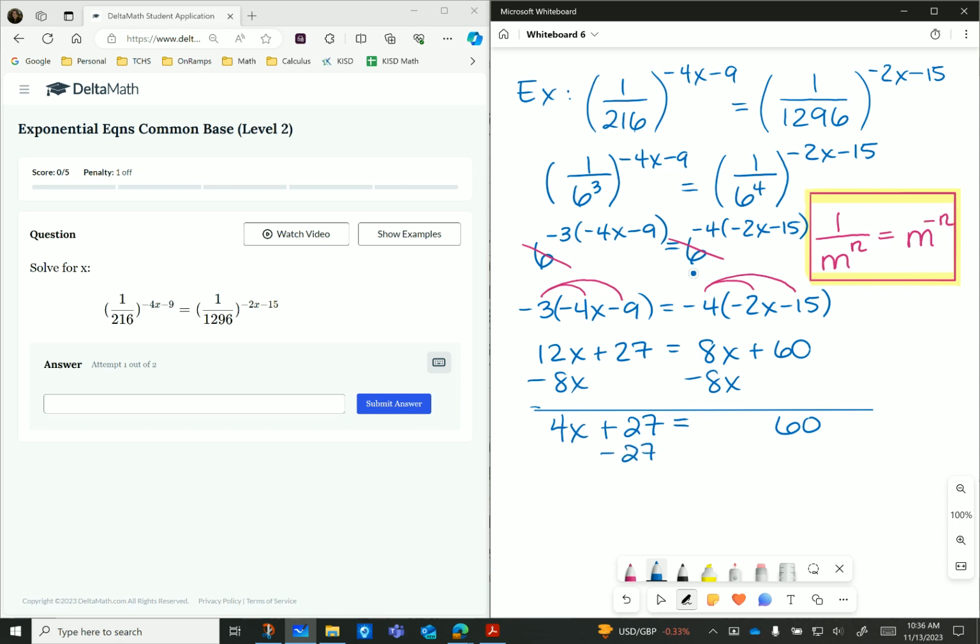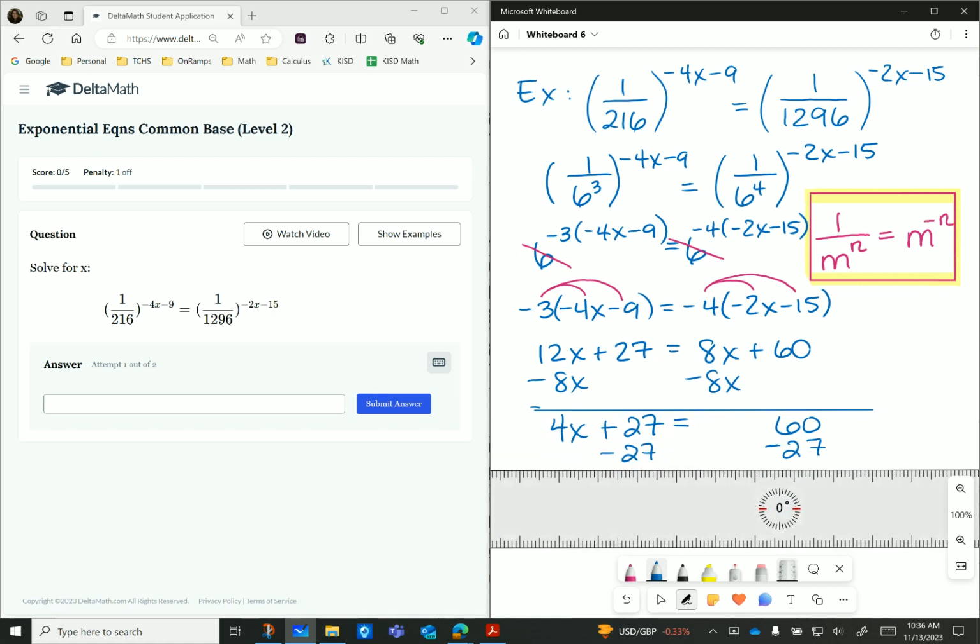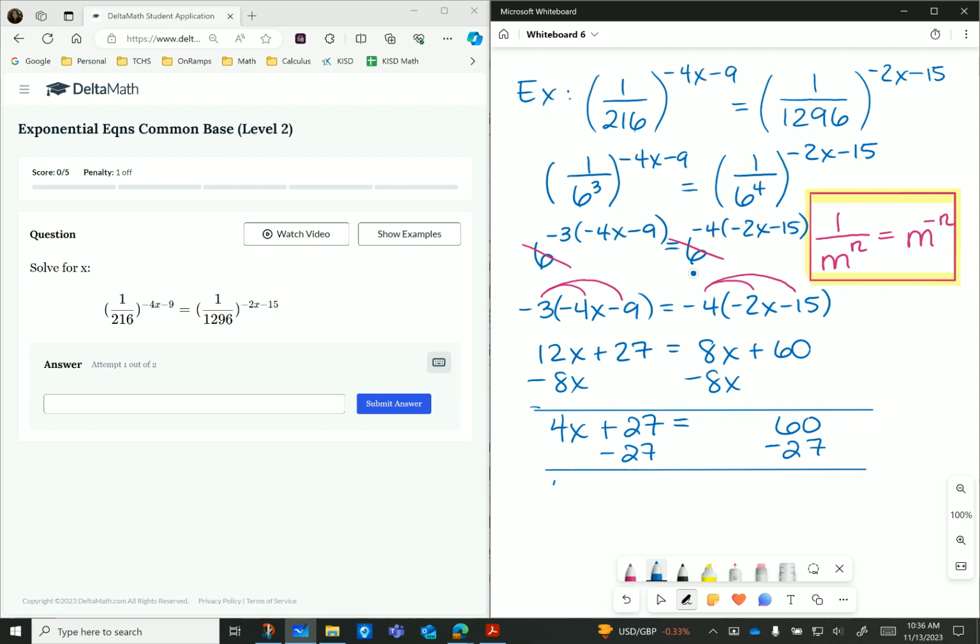I'm going to subtract 27 now on both sides. So combine 60 minus 27. That's going to be, let's see, 10 minus 7 is a 3, 5 minus 2 is a 3, and I'm going to divide by 4.